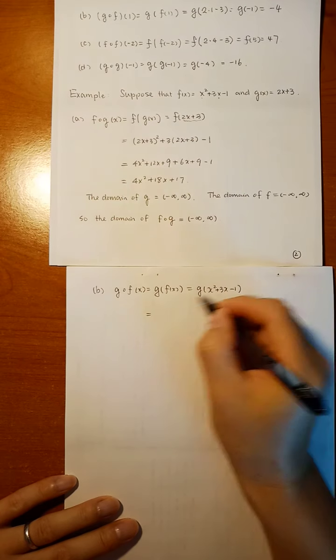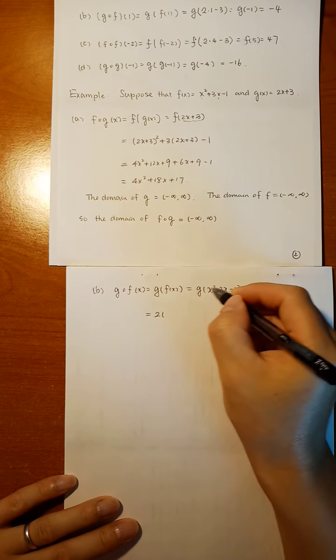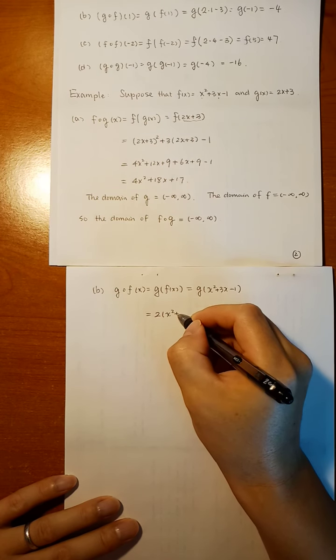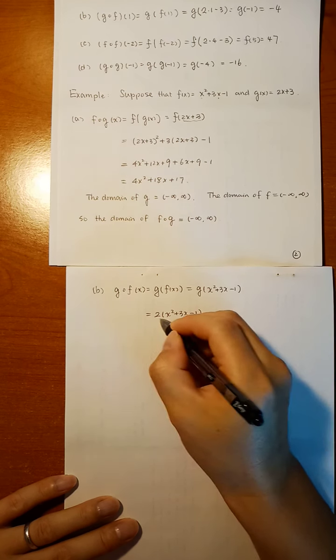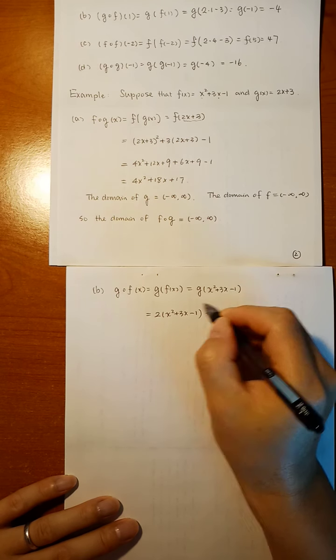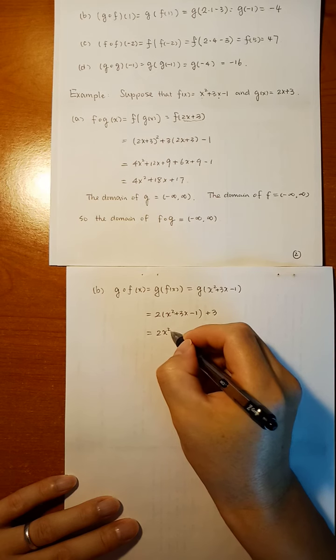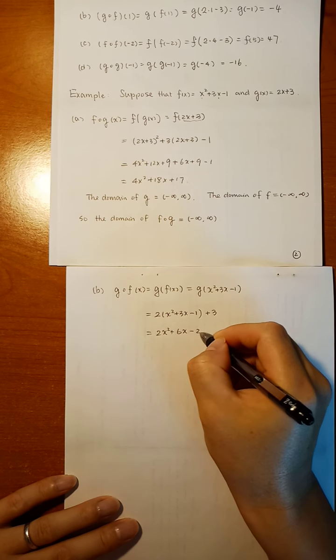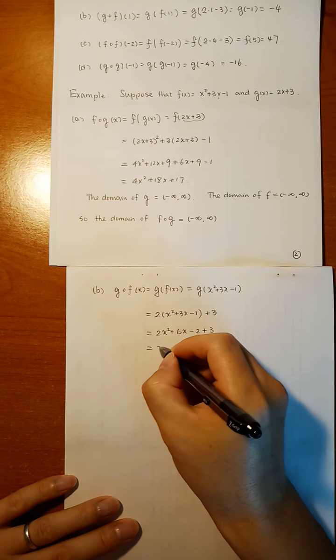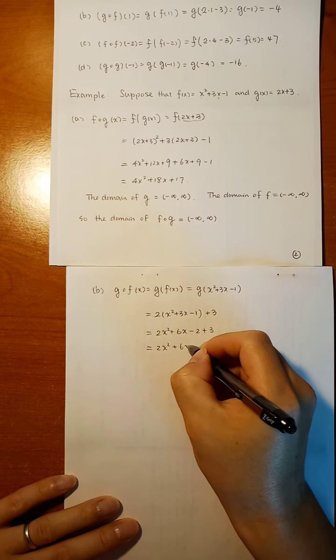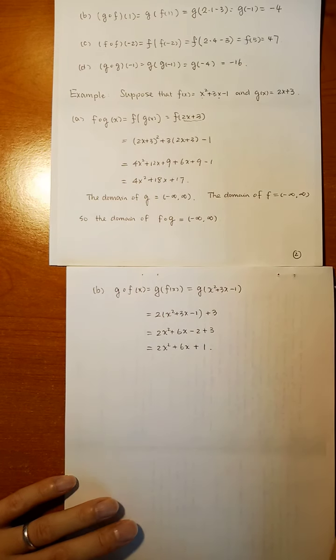So you take whatever is inside, times 2 and plus 3. So it's 2x squared plus 6x minus 2 plus 3. So it's 2x squared plus 6x plus 1.